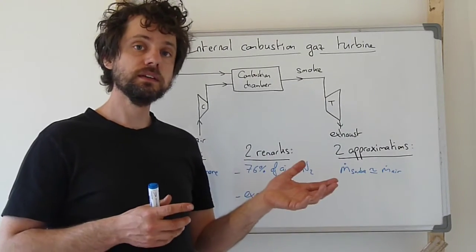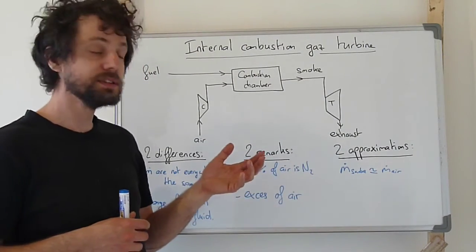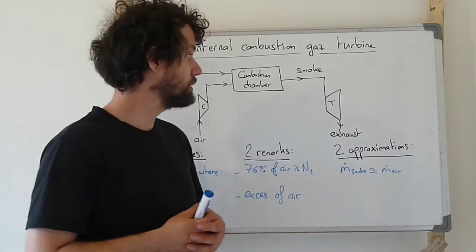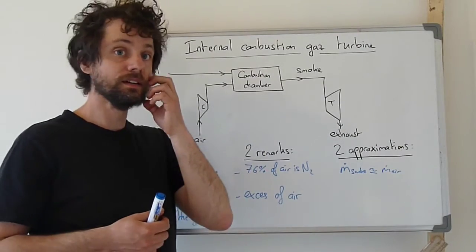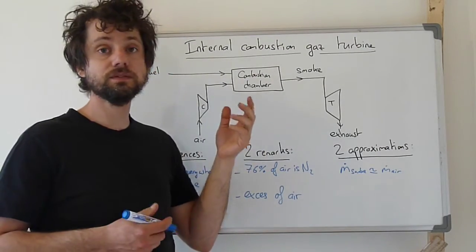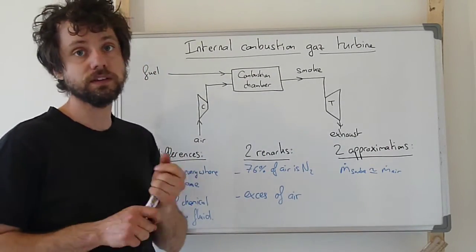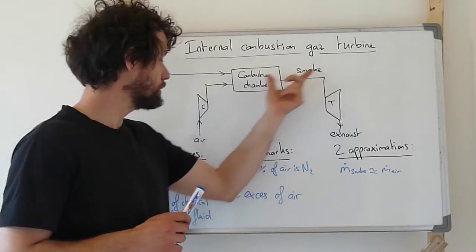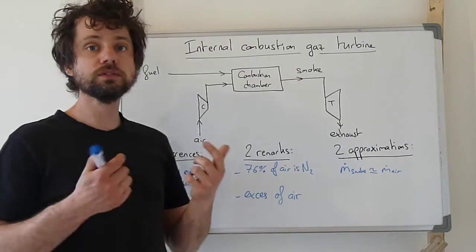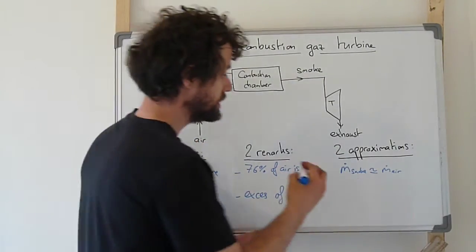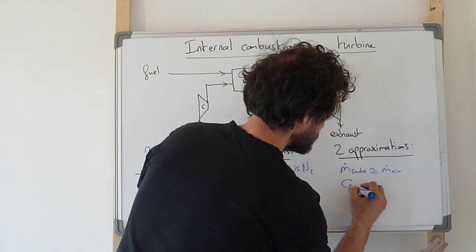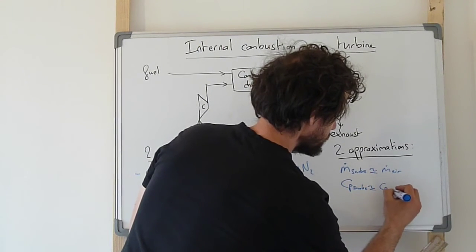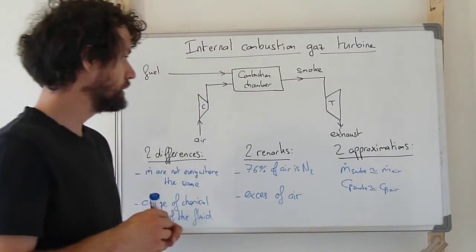It's the Cp, the specific heat capacity at constant pressure, because it's directly related to the enthalpy variations that we have been calculating, and because the smoke is so close to the air, we can also reasonably do the approximation that the Cp of the smoke is equal to the Cp of the air.